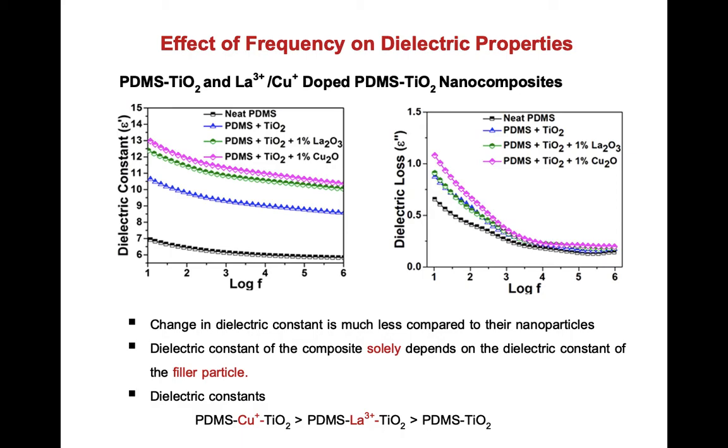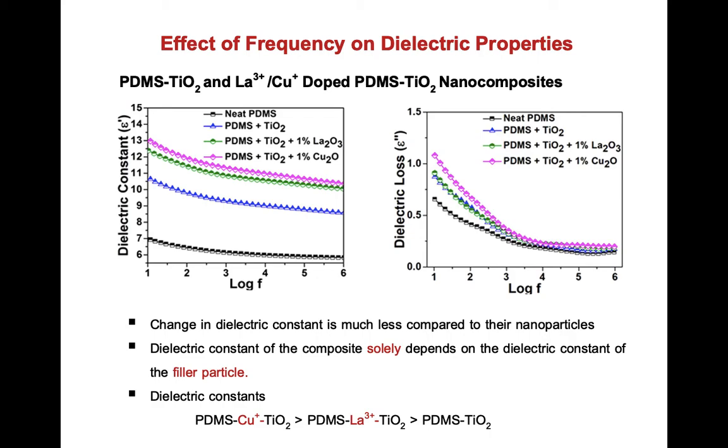The dielectric constant of two component composites depends on the relative proportions of the components and their individual dielectric constants. For the present composite system, the matrix is the same and the relative proportion of additive to the matrix is also the same.